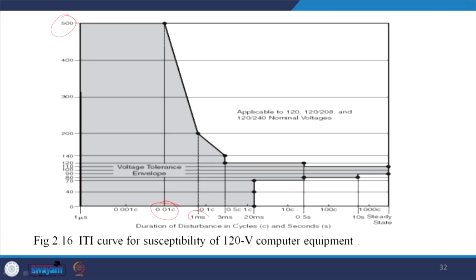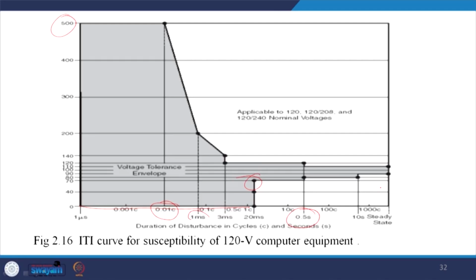In the same way, if there is a sag, then within 20 milliseconds you have to bring the voltage to 70%. Thereafter, within 0.5 second you have to bring it to 80%, 90% and so on, close to 90% voltage. For the higher voltage tolerance it is 105%, for the lower it is 95%, and that is the steady state value.